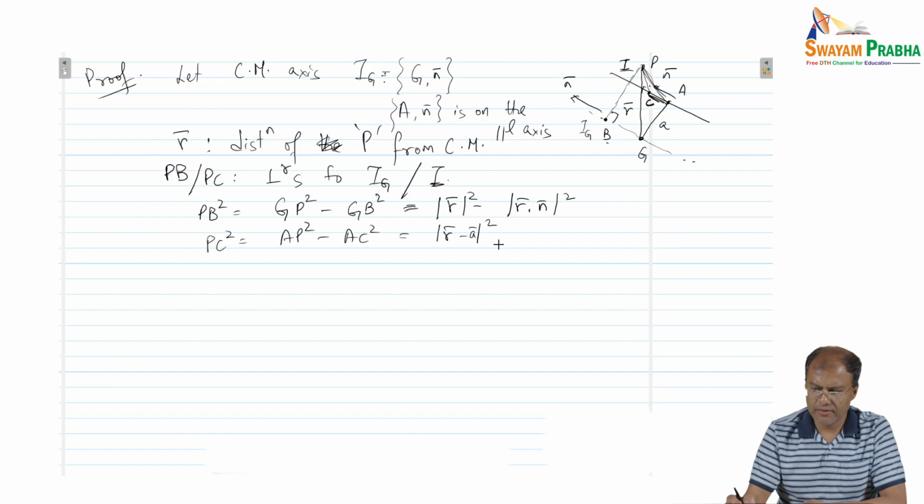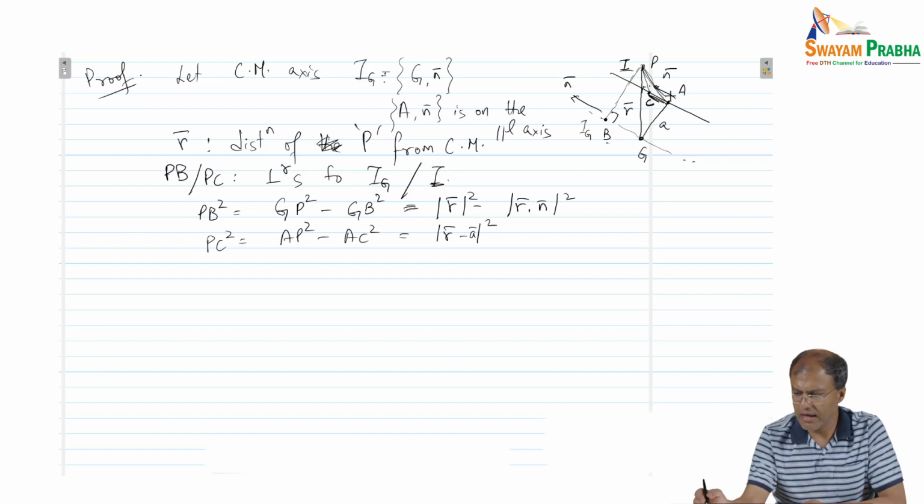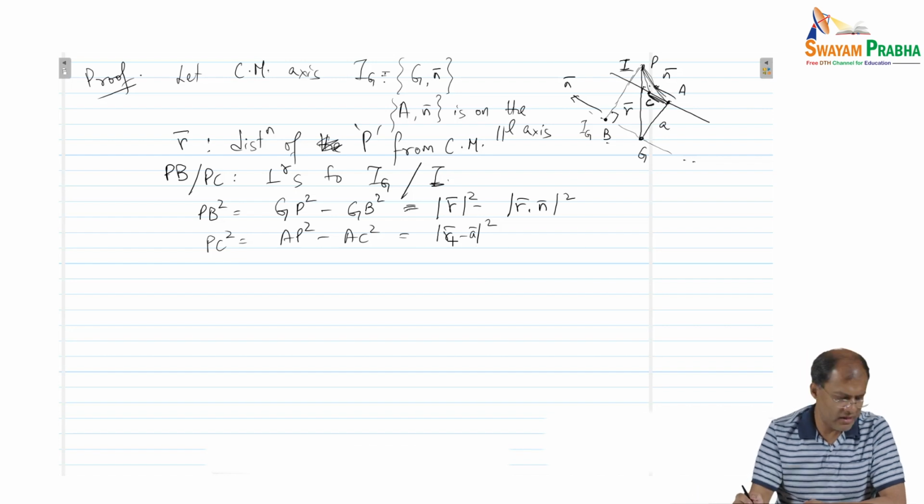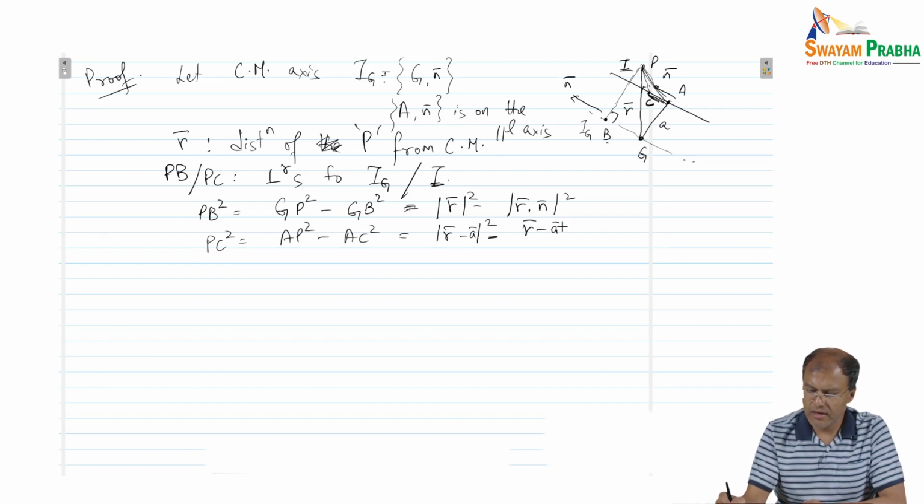Okay. So then AP is (R minus A) square, and AC is (R minus A) dot with N, whole square. Right?